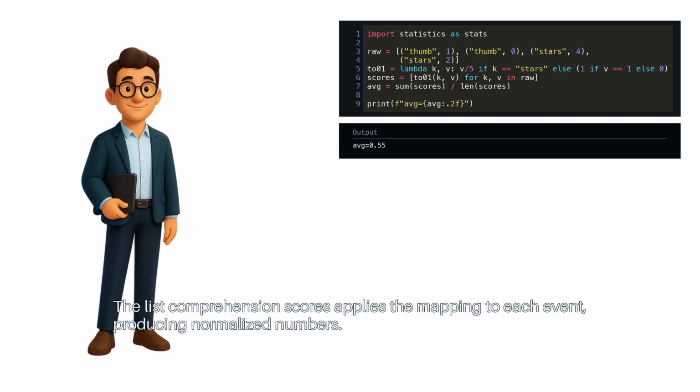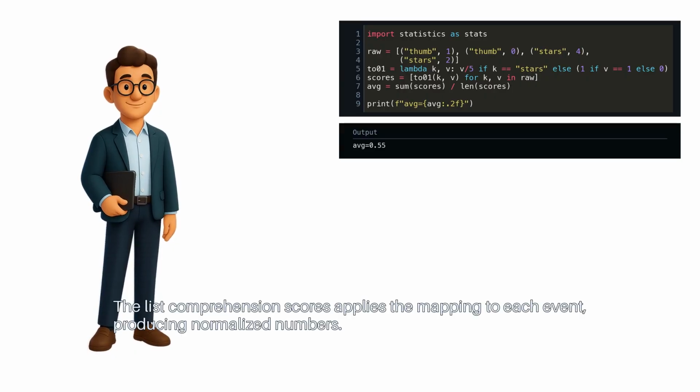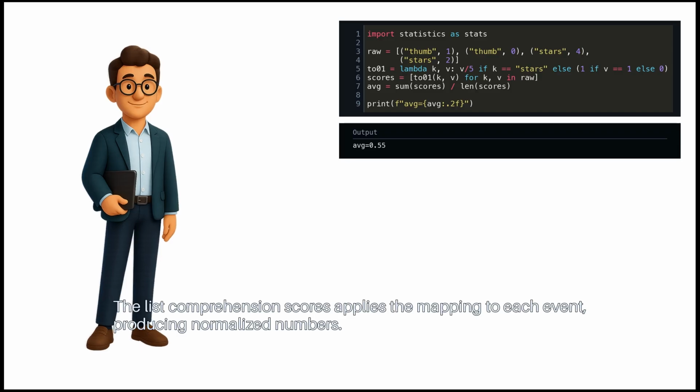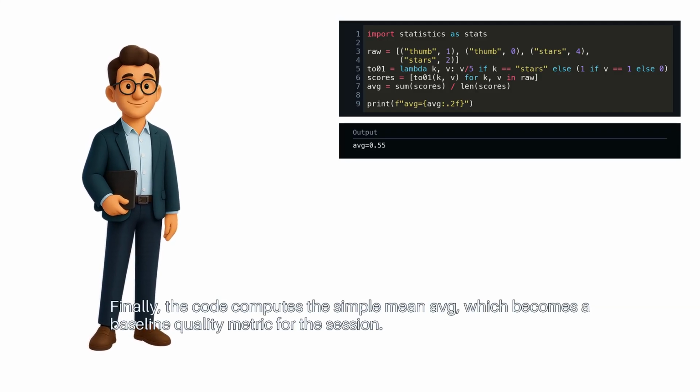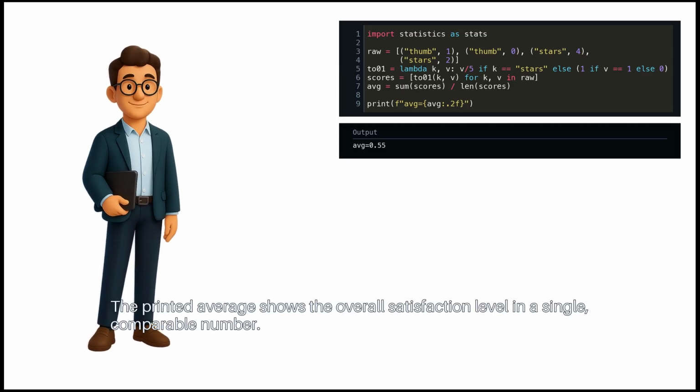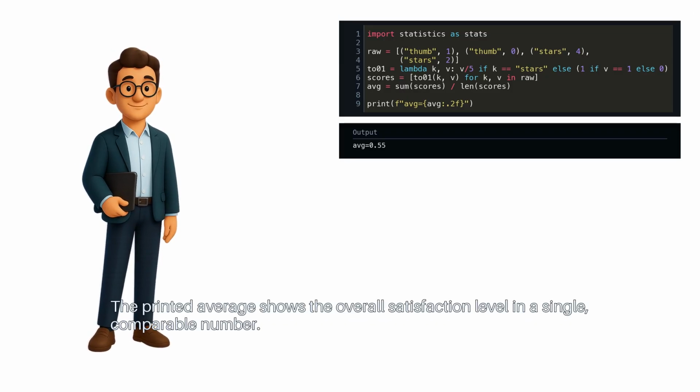The list comprehension scores applies the mapping to each event, producing normalized numbers. Finally, the code computes the simple mean average, which becomes a baseline quality metric for the session. The printed average shows the overall satisfaction level in a single comparable number.